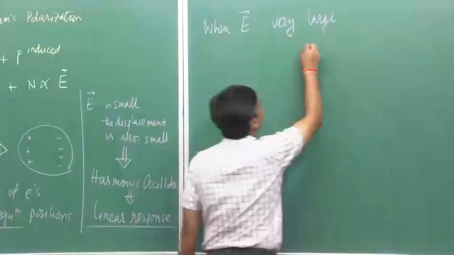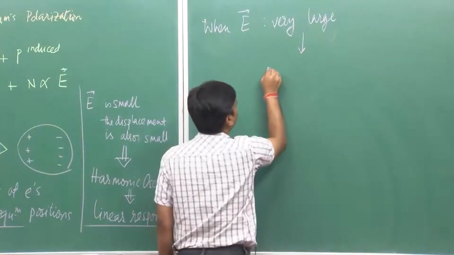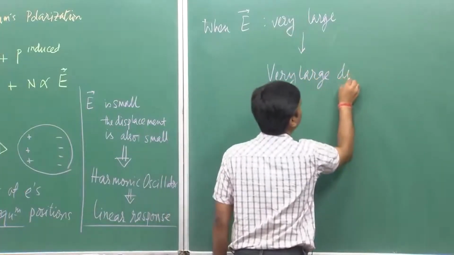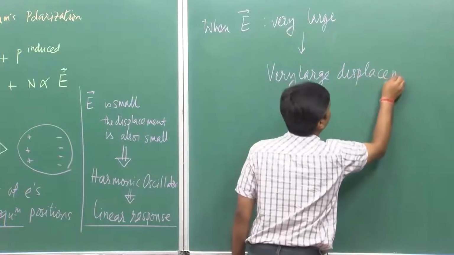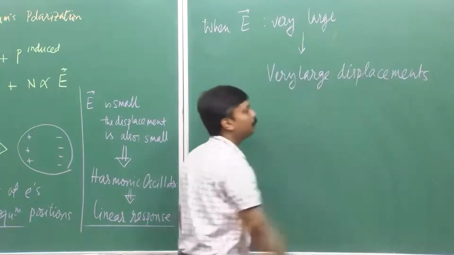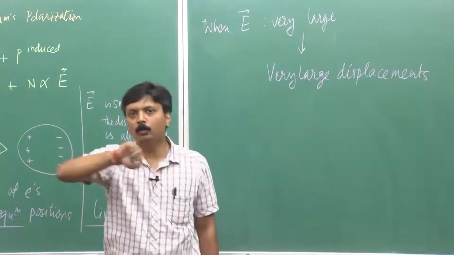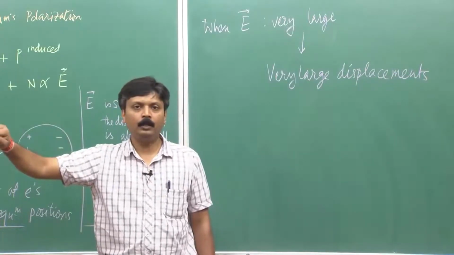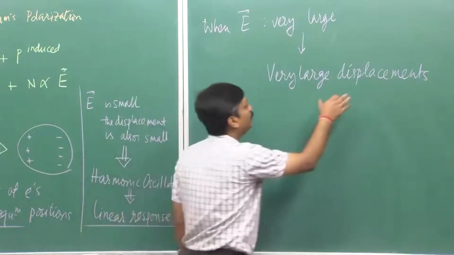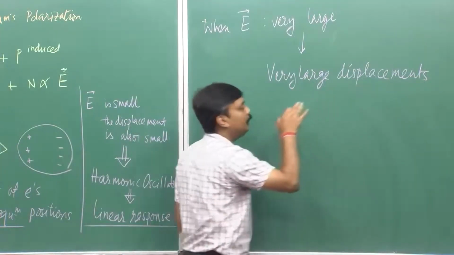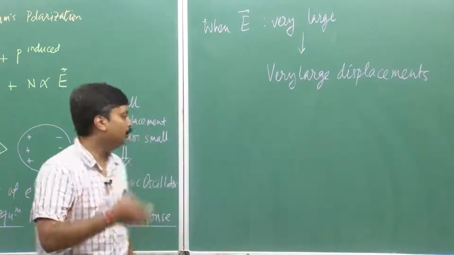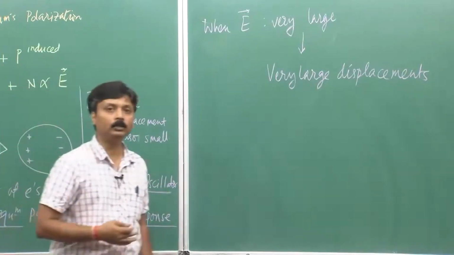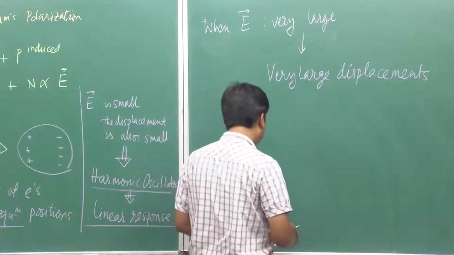So, a very large electric field will cause very large displacement. Right. So, if the electrons move very far with respect to their equilibrium position, then what will happen? Then I do not have the same condition as I was having earlier, that is, I will not have the condition of a harmonic oscillator.